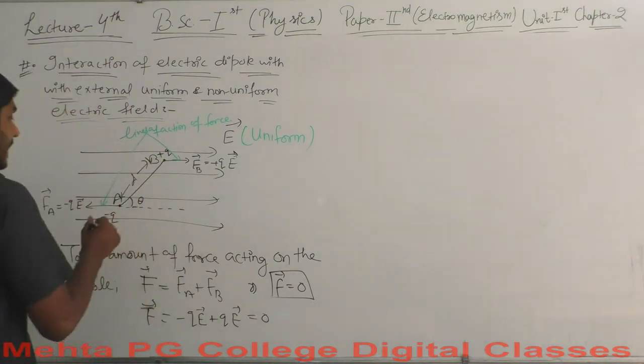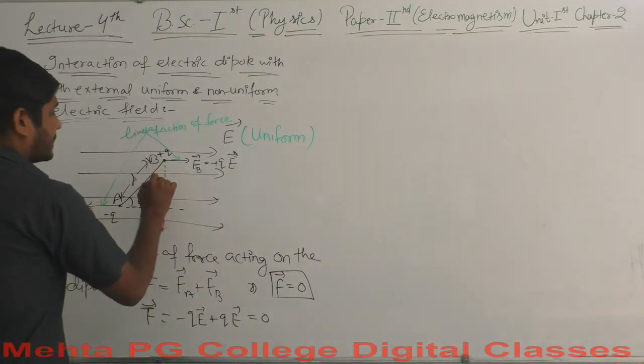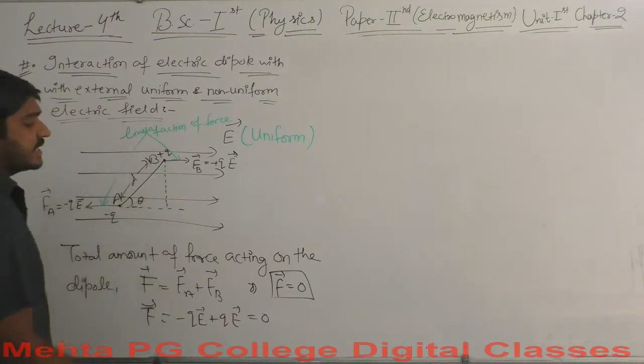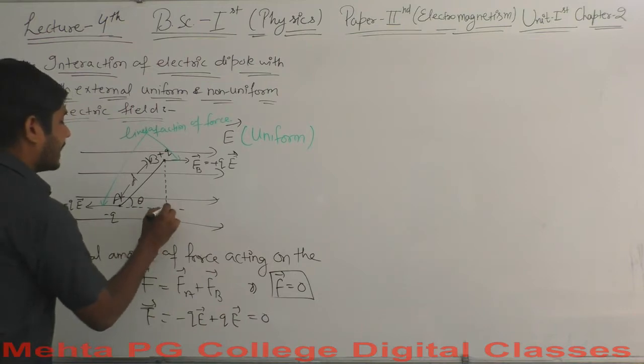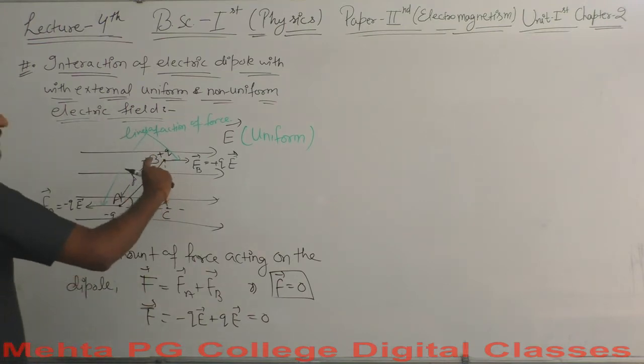If we join the perpendicular distance between the opposite lines of action of the force, let's say they meet at a point C here. So what should be this perpendicular distance?